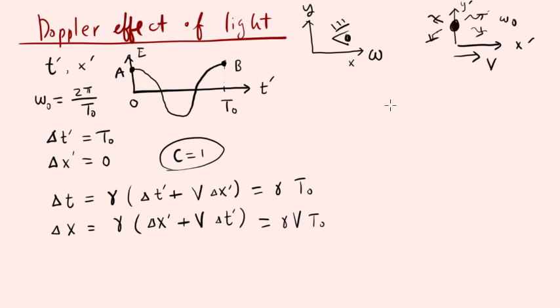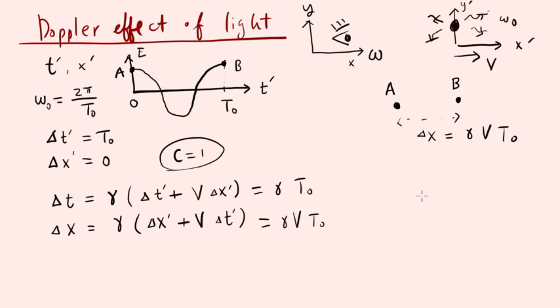So let's say event A occurs at a certain time measured, and then event B happens at a certain other time, which is given by the time difference delta t, but also this equation says delta x. These two occur with delta x, which is given by gamma v times t0.